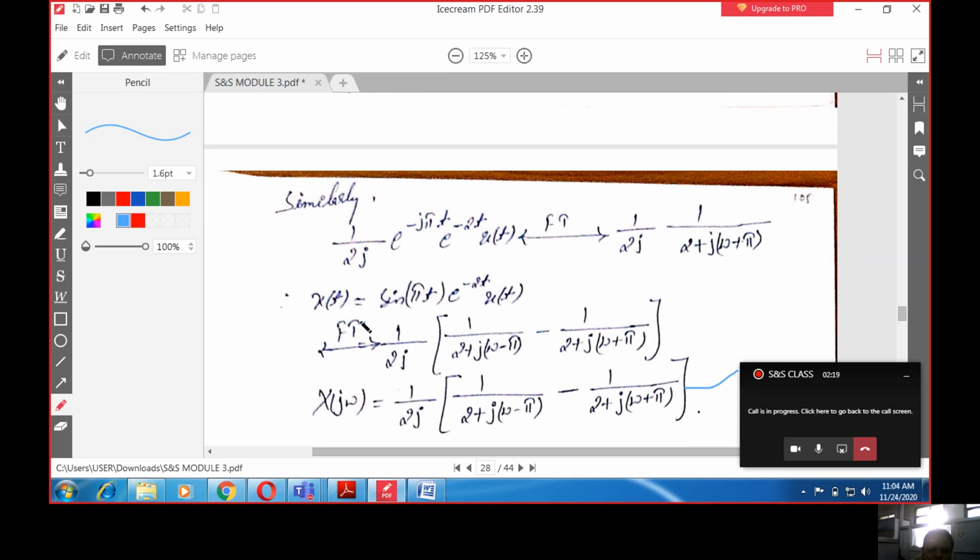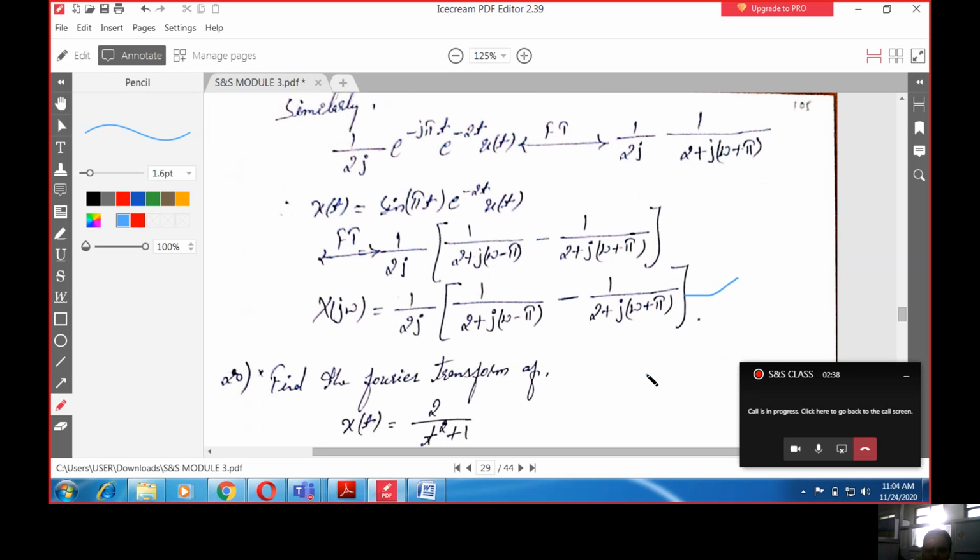Then the Fourier transform for sin(πt) e^(-2t) u(t) is obtained by adding both the equations. Therefore, I'll be getting 1 divided by 2j times [1 divided by (2 + j(ω - π)) minus 1 divided by (2 + j(ω + π))]. You will be getting this equation.